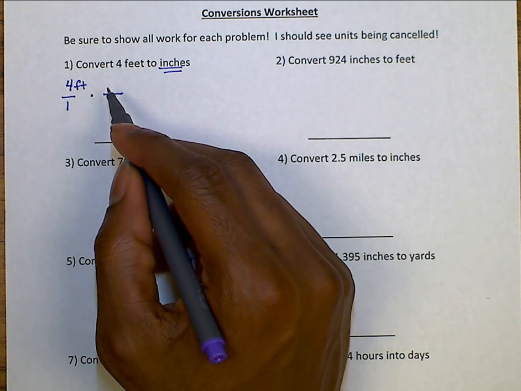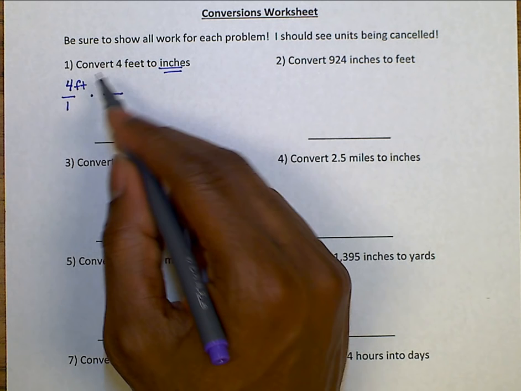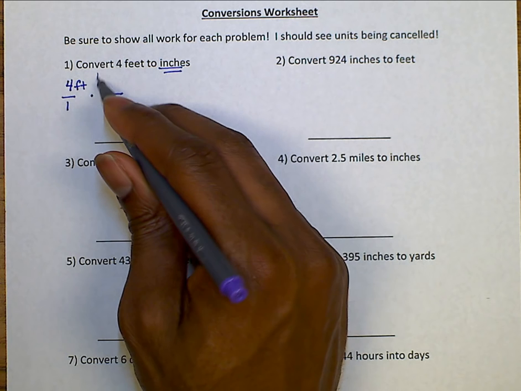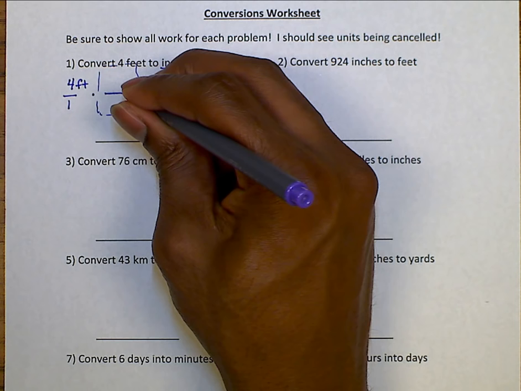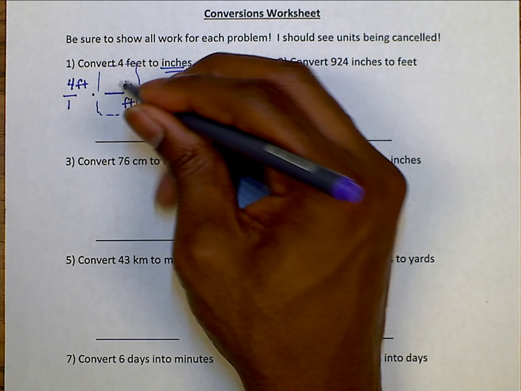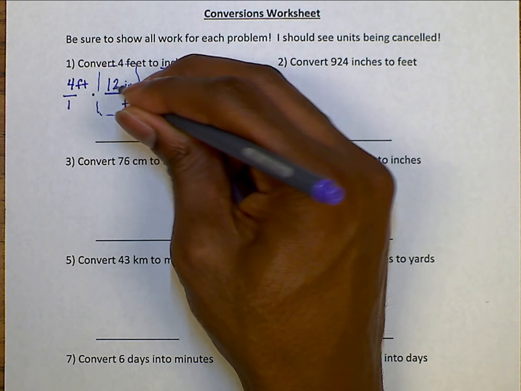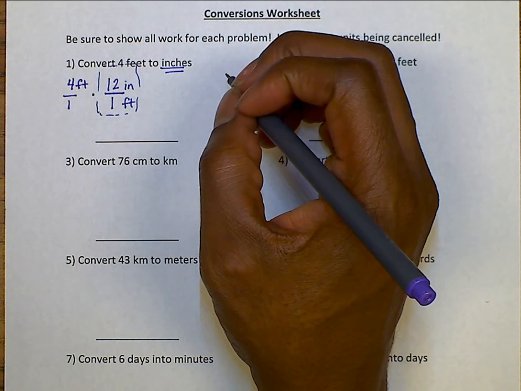But in order to change units, we're going to make this a number 1. I know that I want to get to inches, and I know that I have feet. So from here on out, I'm just using conversions. There's 12 inches in 1 foot. Notice that this is 1.